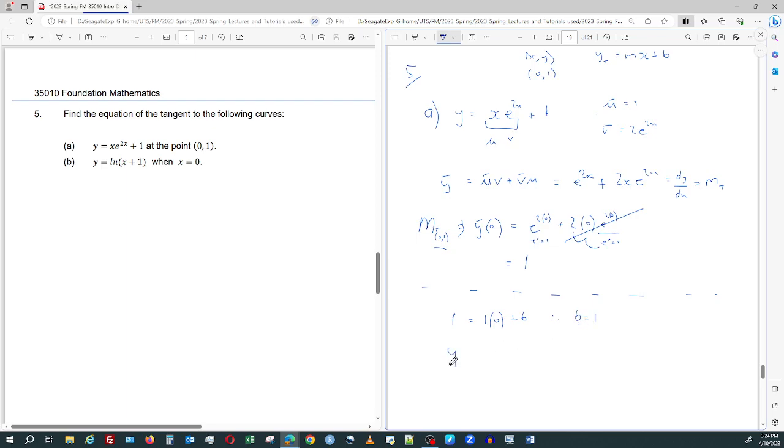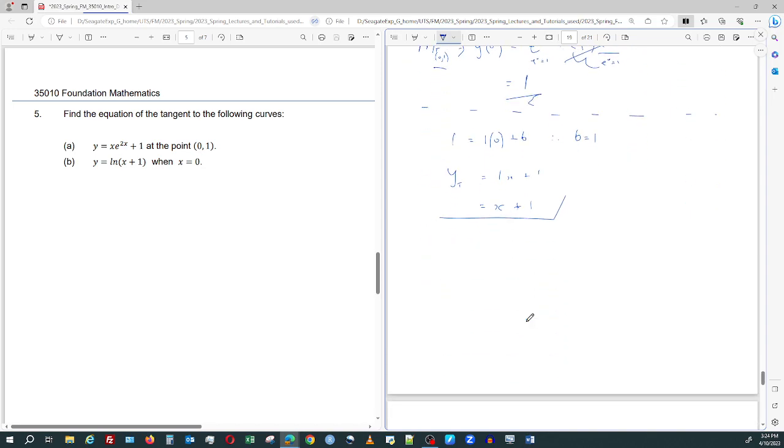So y tangent is equal to 1x, because that was our gradient, plus 1, or x plus 1. That's our yt. Okay, very straightforward, I think. Alright, so we'll have a go at part B.